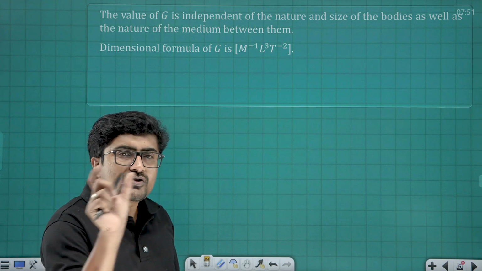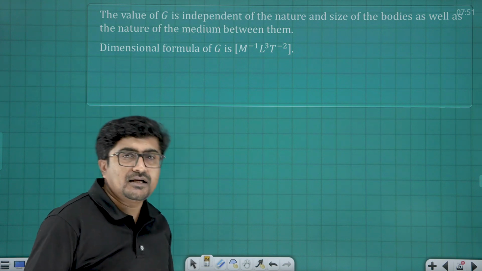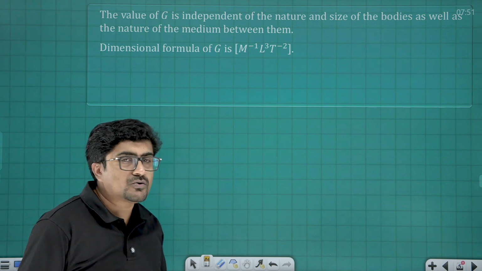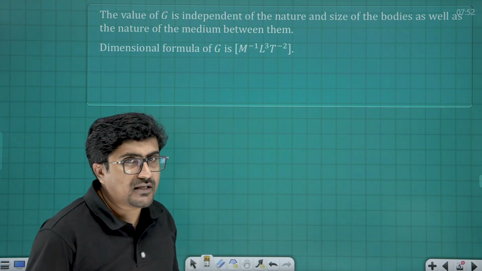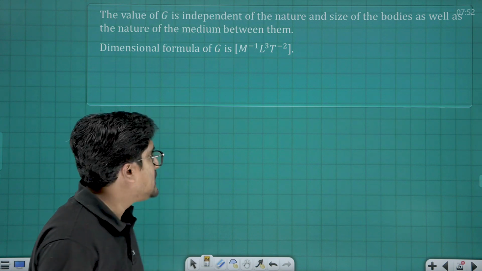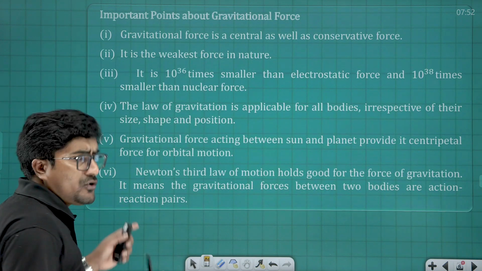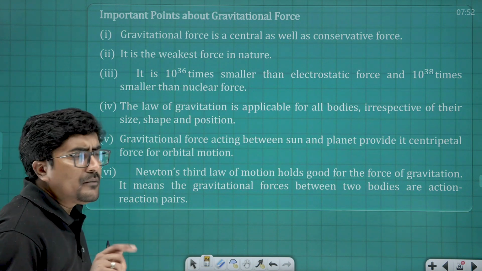Now I want to specify that point here once again, that this value of capital G does not depend upon the mass, it does not depend upon the distance of separation also. Since it is mentioned over there, that's why I'm telling each and every detail of that one. Now I told you we will be going for a comparative study, and here it begins.